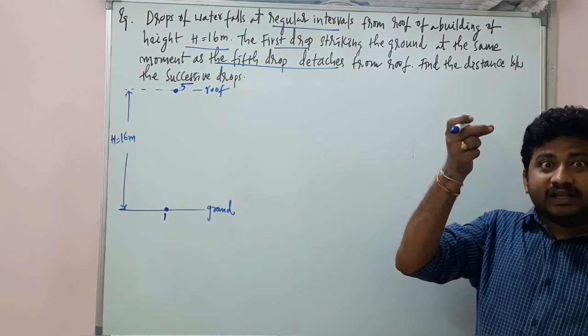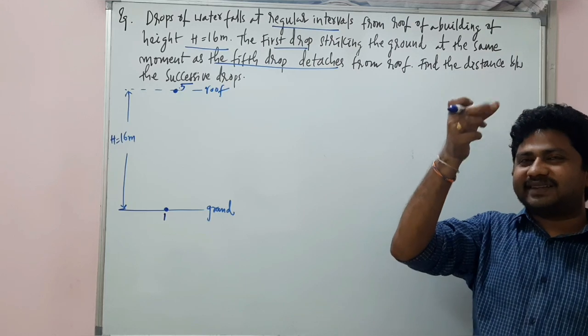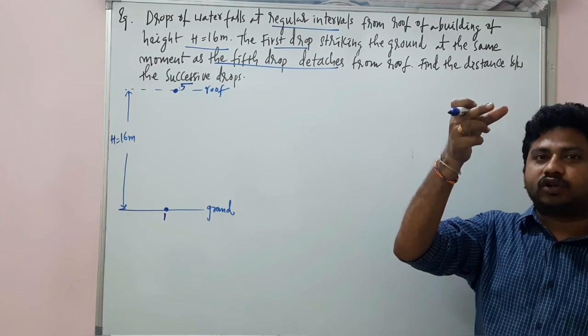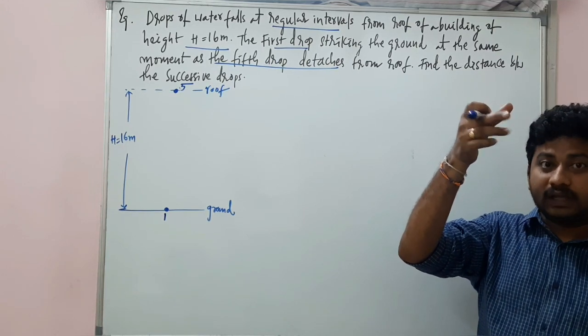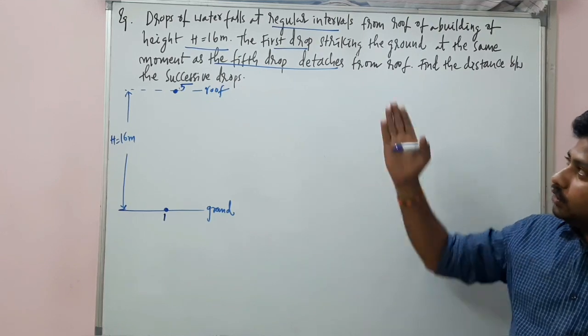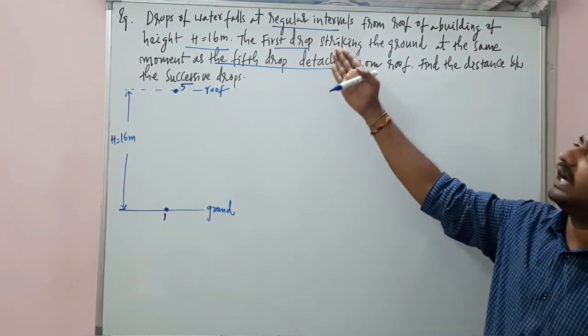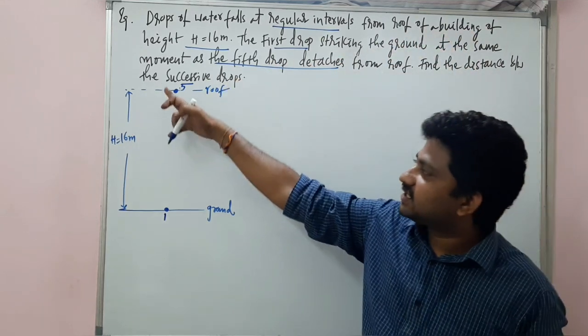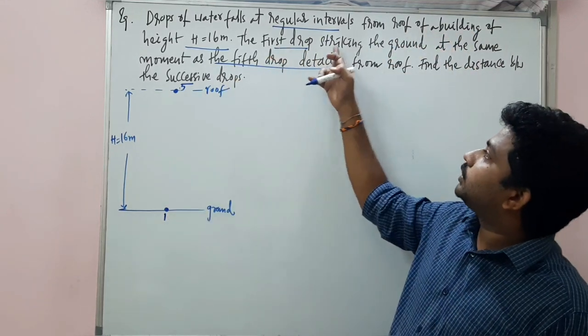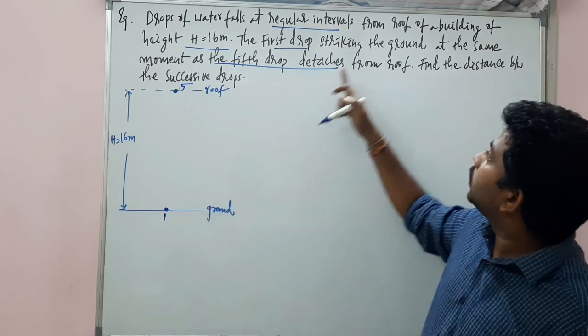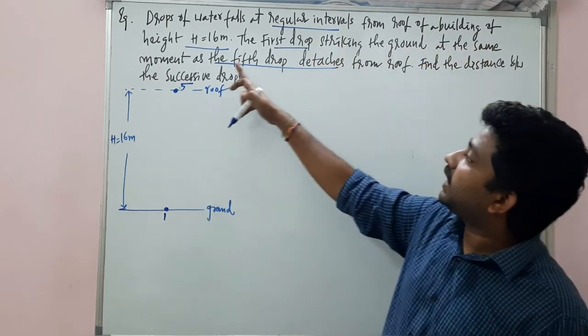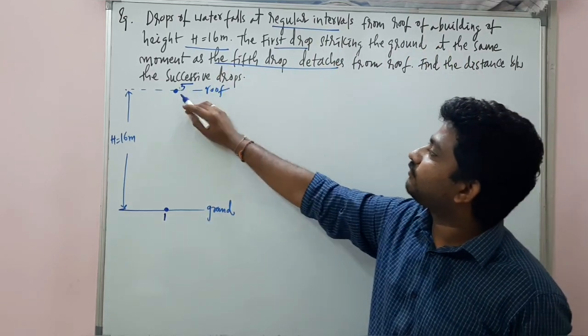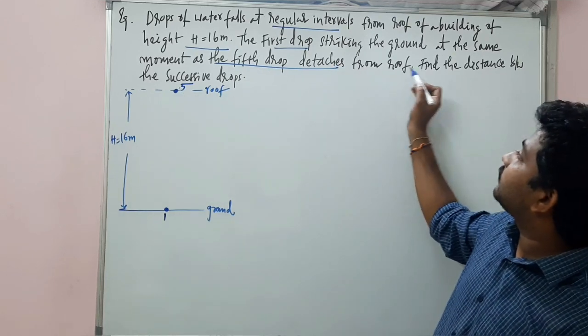We can see the drops falling in equal, successive intervals of time. The same concept is here. Drops of water fall at regular intervals from the roof of a building of height 16 meter. The first drop strikes the ground at the same moment as the fifth drop detaches from the roof.